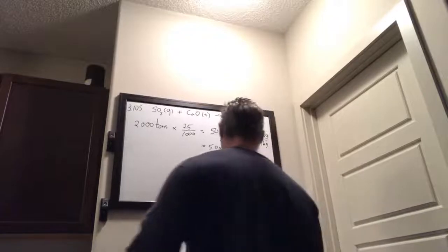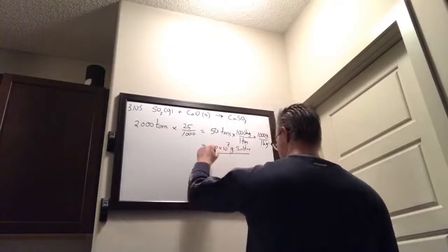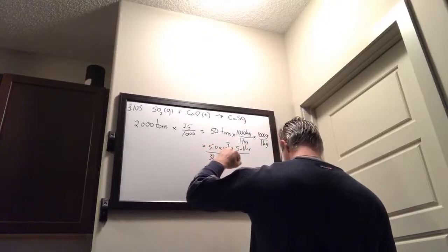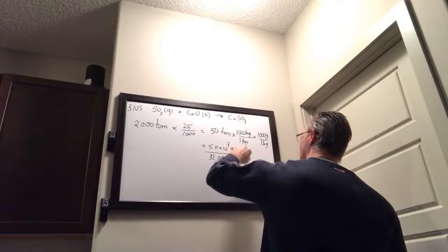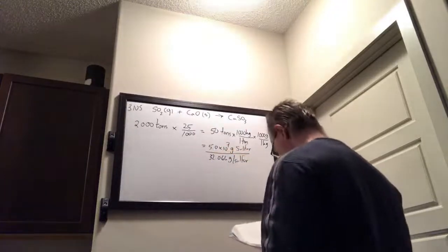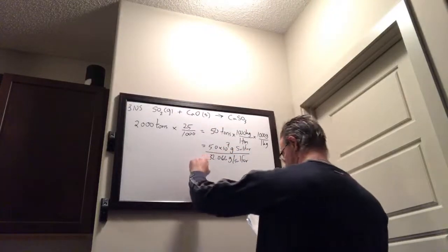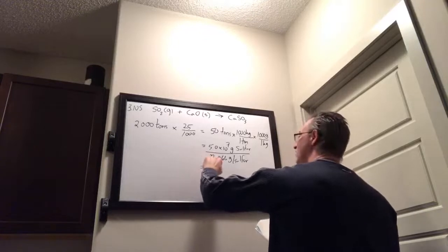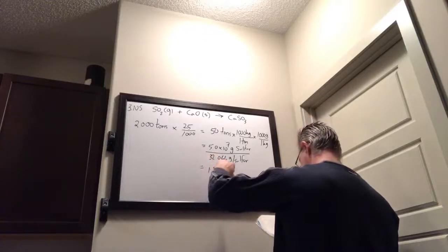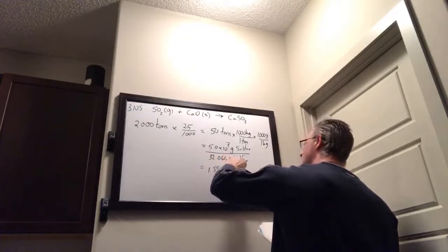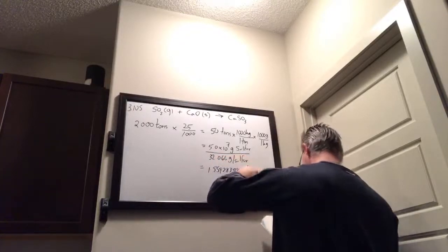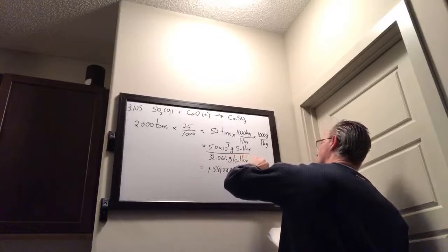Now, if you have 50 million grams of sulfur divided by the molar mass of sulfur, you're going to get 1.559283 98 times 10 to the power of 6 moles of sulfur.